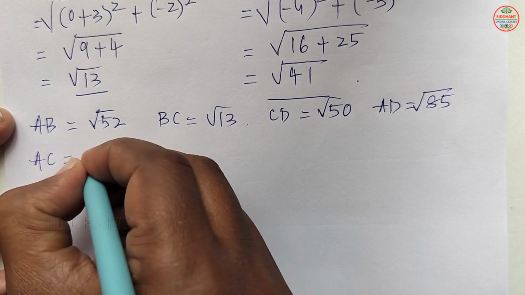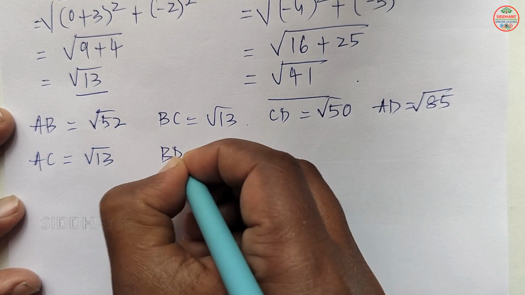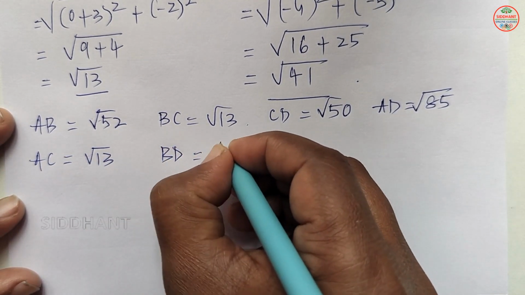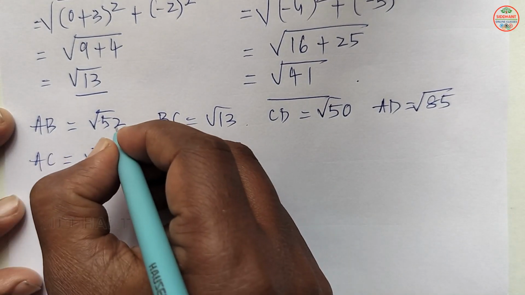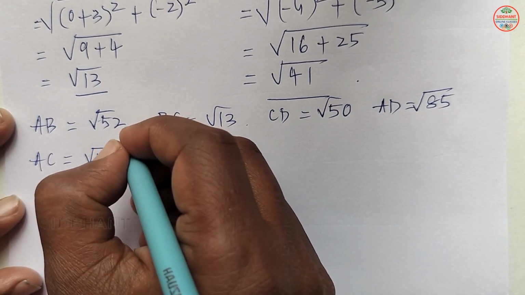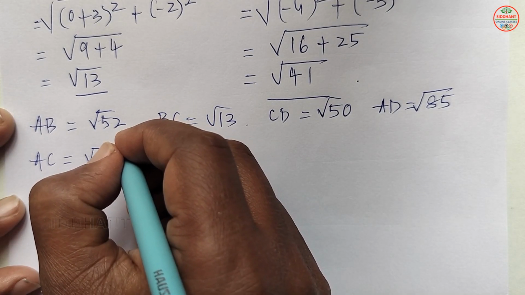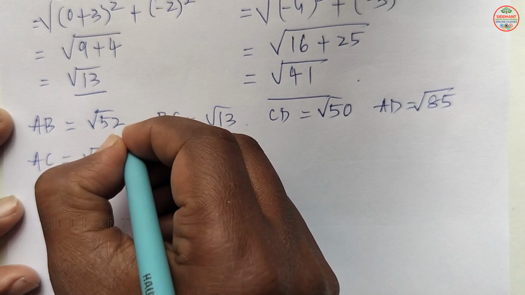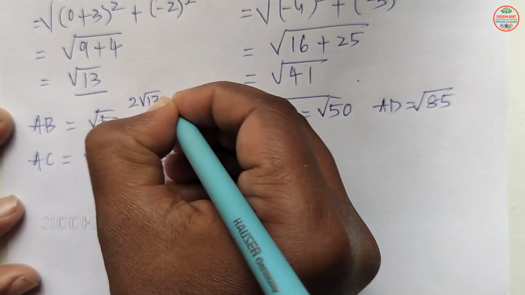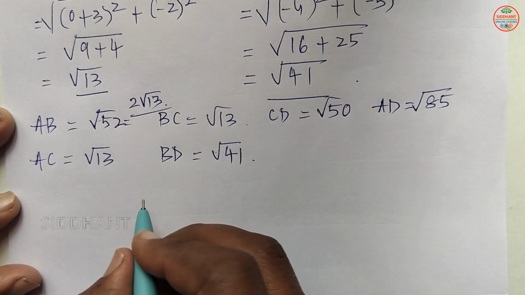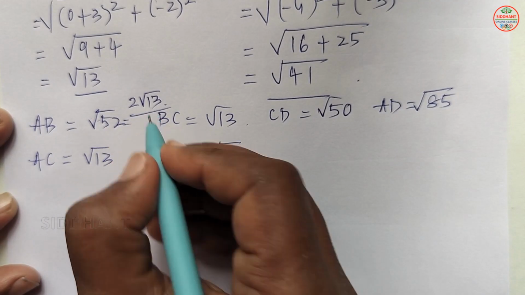AC is root 13. BD is root 41. So AB, which is root 52, can be written as 2 root 13. 4 into 13, so root 4 will be 2. So 2 root 13 we got.